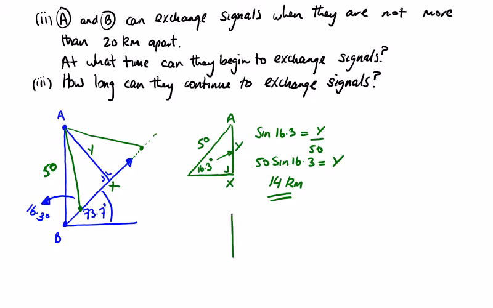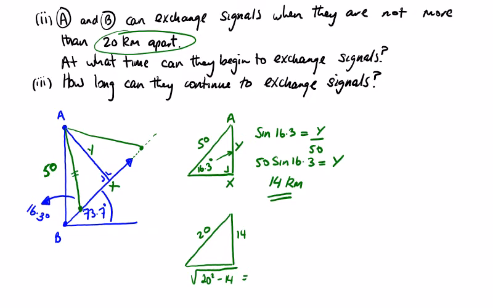Okay, so I have my 14. This line here is now the diagonal of this triangle. This is how far they are apart when they can exchange signals. We also have within that diagram, it tells us here when they are not more than 20. So if that's 20, this one is the square root of 20 squared minus 14 squared, which is the square root of 400 minus 196.